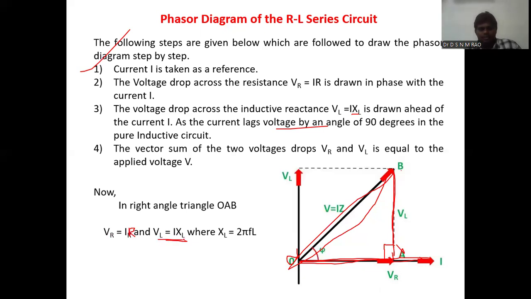Similarly, the voltage drop across the inductor, VL, equals I into the inductive reactance of the inductor, where XL equals 2 pi FL. This vector VL and that vector VL are both the same, parallel to each other.